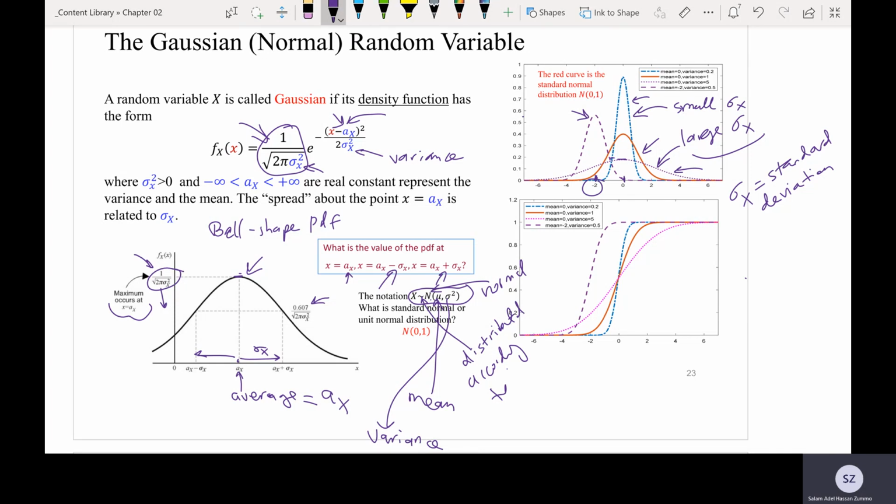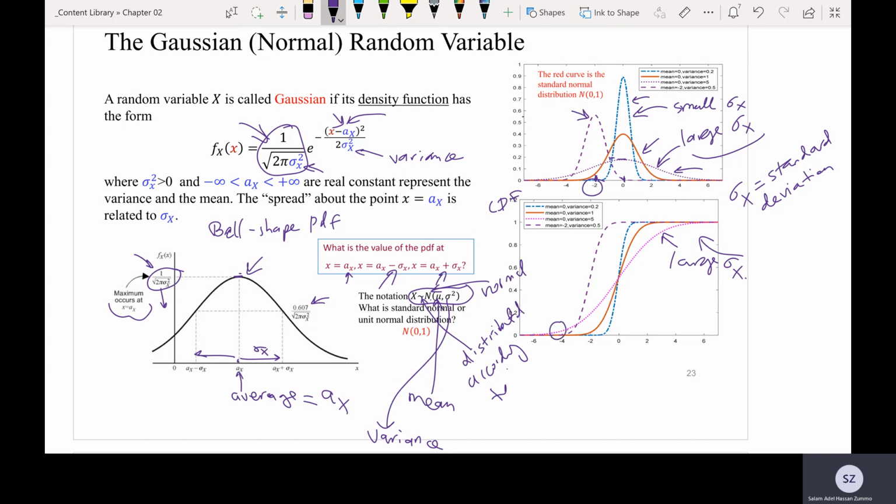Now, if you integrate the PDF, what do you get? CDF, right? Now, this is the CDF of the corresponding PDF that you can see. For example, for the large variance, this one, you can see that the probability that x is less than -4 still is not 0.